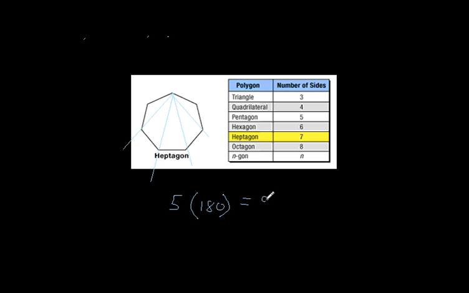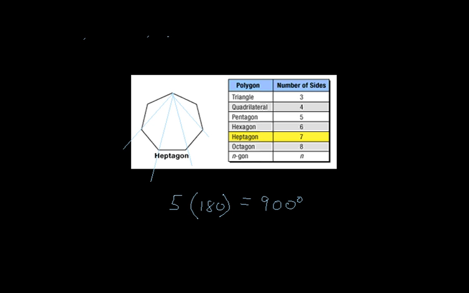That equals 900 degrees. Cool stuff. Just going to change my degrees there. So the 7 angles in a heptagon actually equal 900 degrees.